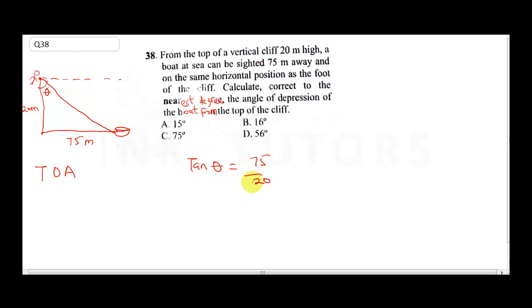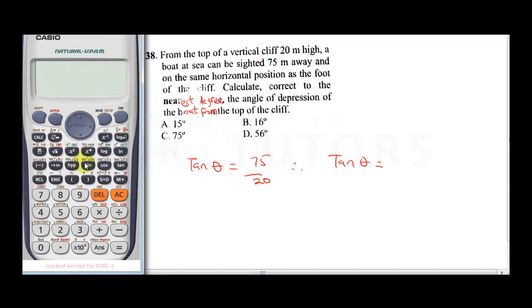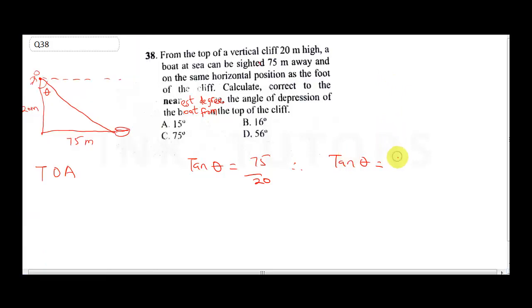Now this means tan theta will be, we divide our 75 by 20 with our calculator. So 75 divided by 20 gives us 3.75. So tan theta is equal to 3.75. Therefore, theta will be tan inverse of 3.75.